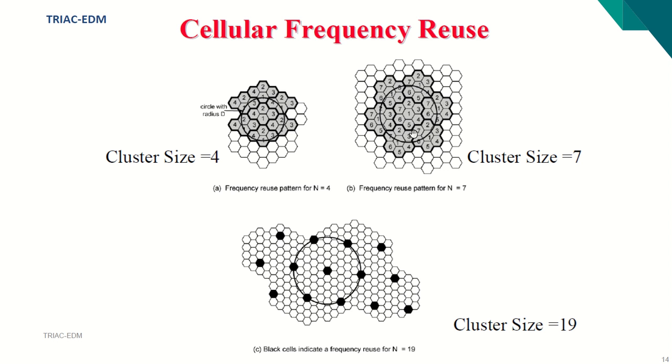And then 1 through 7 repeats itself, and repeats itself again. And if we have a larger cluster size, for example 19, it's hard to draw the details out, but we have 19 here, which repeats itself again for a cluster of 19.